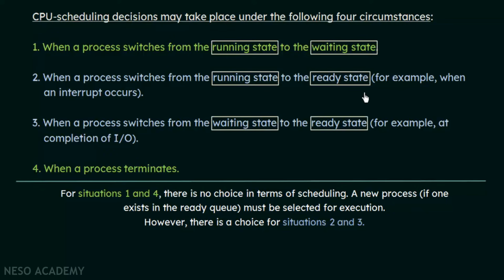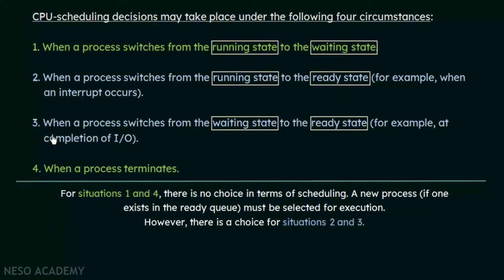This is the choice that we are talking about. Even though the process has not completed its execution, since it went to the ready state due to some interrupt, the moment the CPU is available again, will the CPU be given to this same process or will it be given to some other process? So that is the choice that we have in situation number 2.